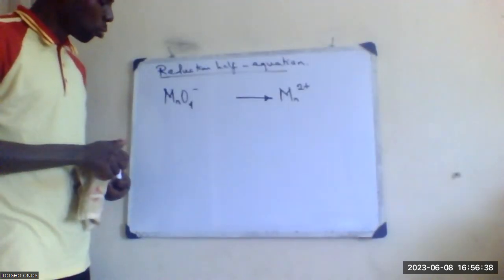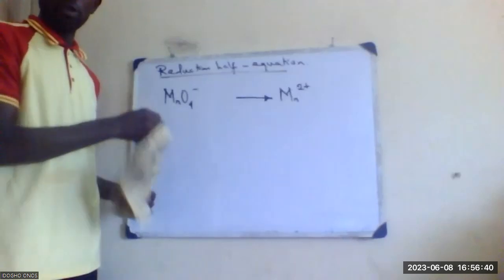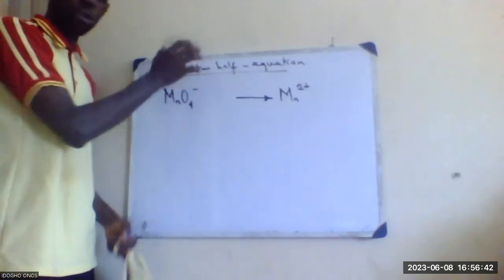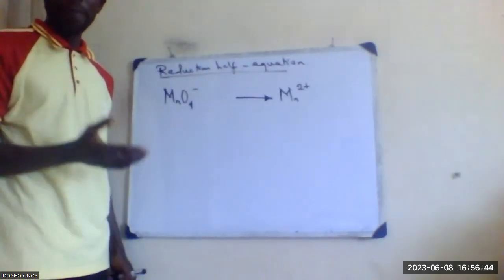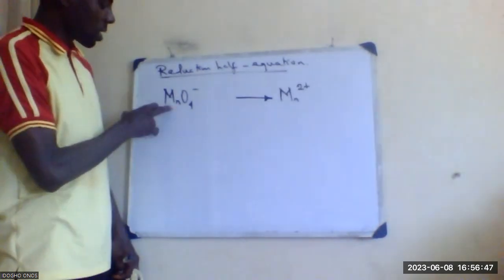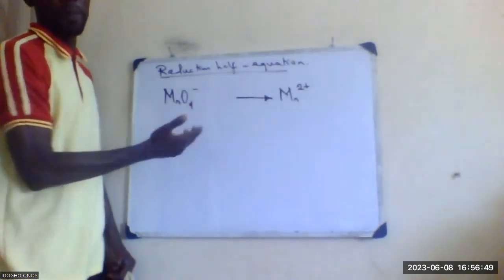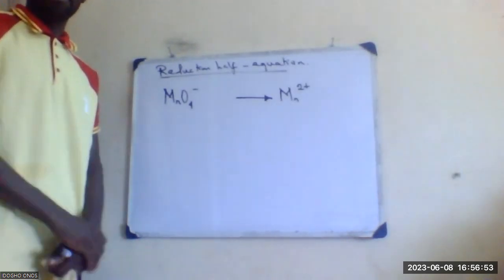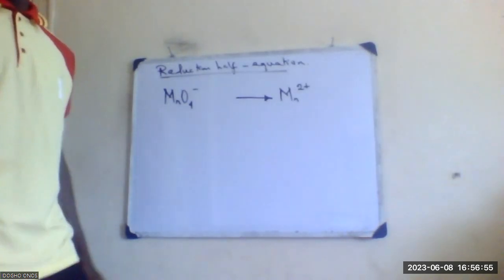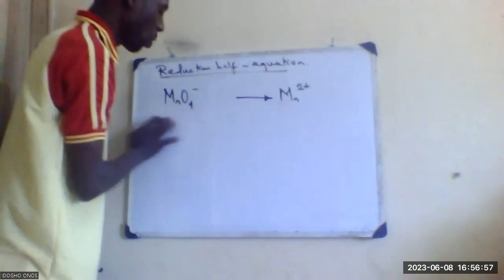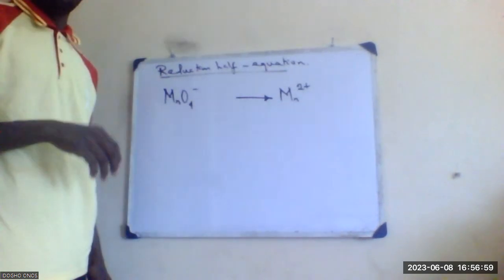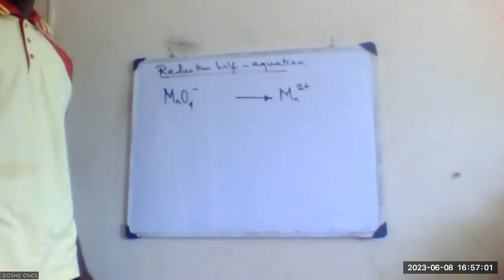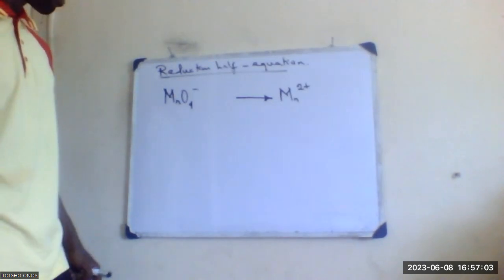Now, the next thing to do is to balance this particular reduction half equation. And how do we balance it? If you check here, this is Mn, this is Mn. What is missing in this equation? O4.